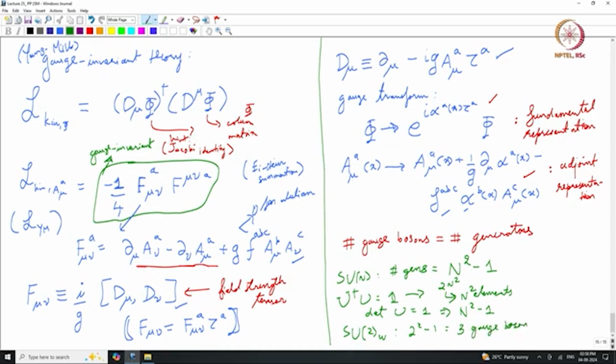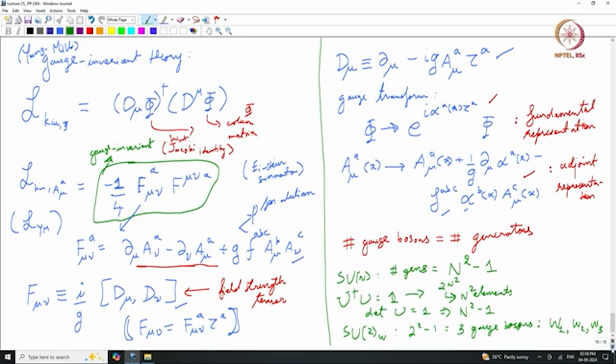What are they called? It's not the W plus, W minus and Z. That would come later, after you do the symmetry breaking, which we will look at. But at this point, you just call them W1, W2, W3.